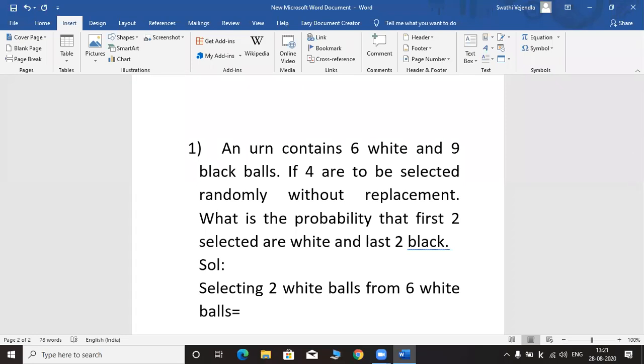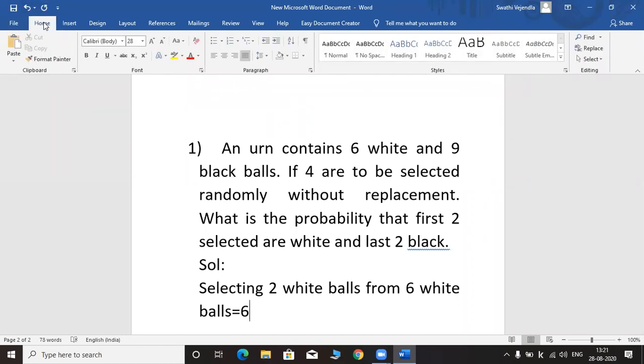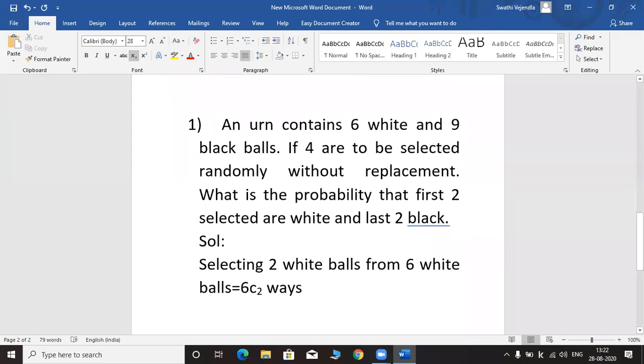How many combinations do we get? 6C2. Yes, very good, 6C2. So 2 white balls can be selected from 6 white balls in 6C2 ways.